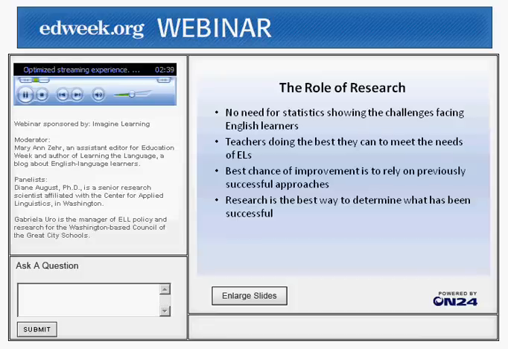So in terms of the role of research in understanding literacy development and being effective in teaching literacy to second language learners, I think we don't really need to talk much about the statistics showing the challenge facing English language learners.